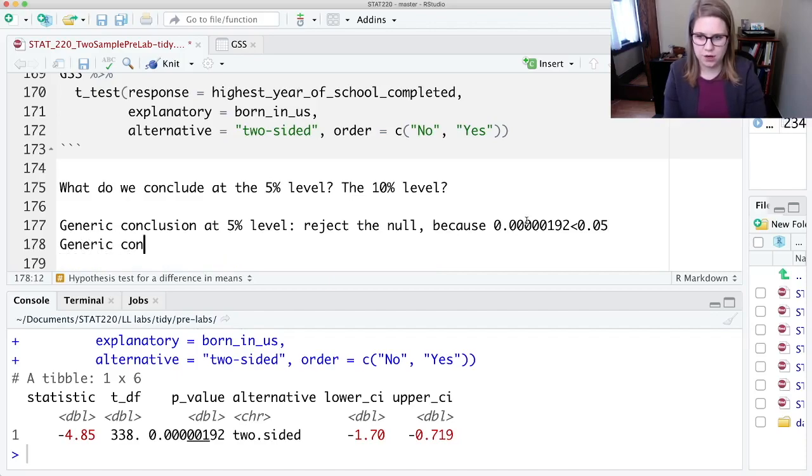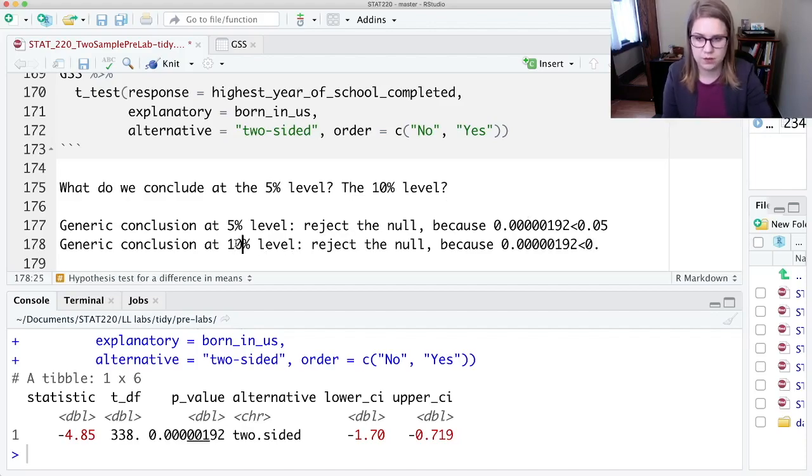And then we have a generic conclusion at the 1% level. Again, we're going to reject the null because that number is less than 0.01. The 10% level, that's also less than 0.1. So we would basically reject the null no matter what our alpha level was, unless it was really, really, really small. We're going to reject the null.